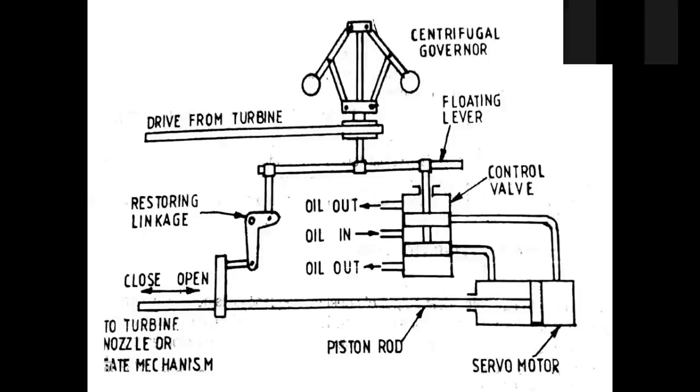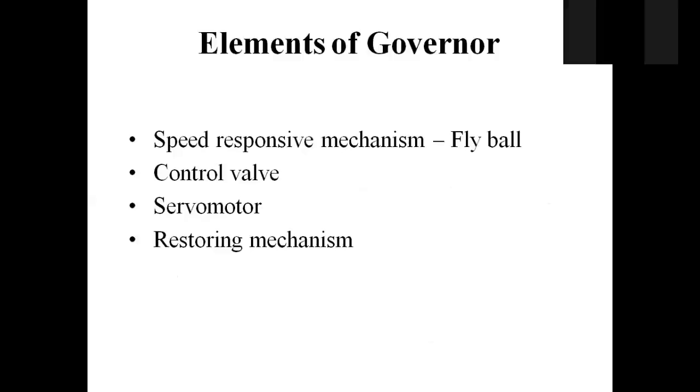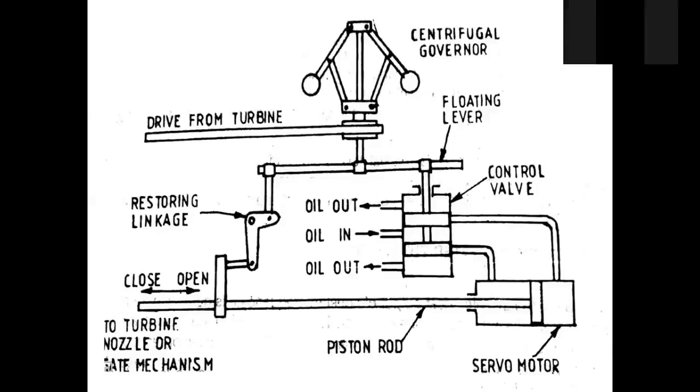Let us see the governor, how it controls the speed of the turbine and hence the speed of the alternator. The figure shows a governing mechanism. It has basically four different parts.